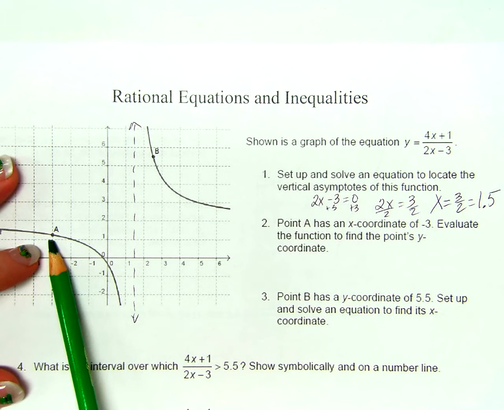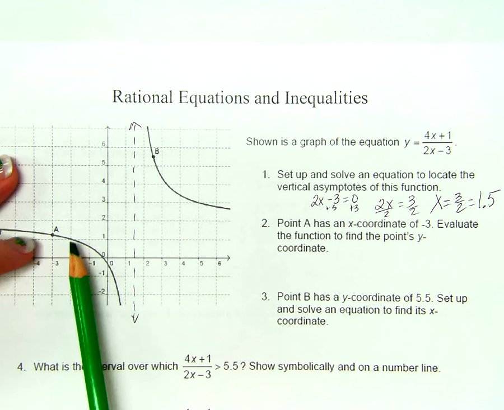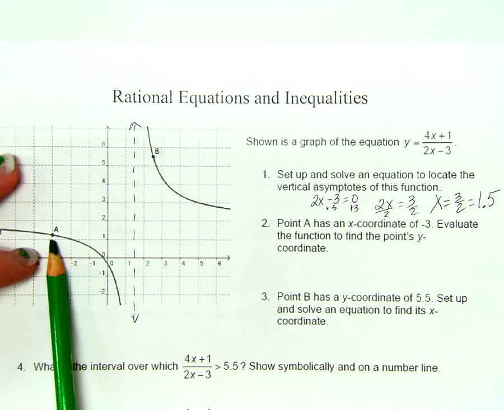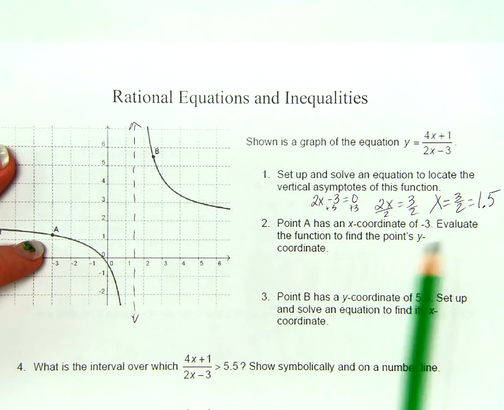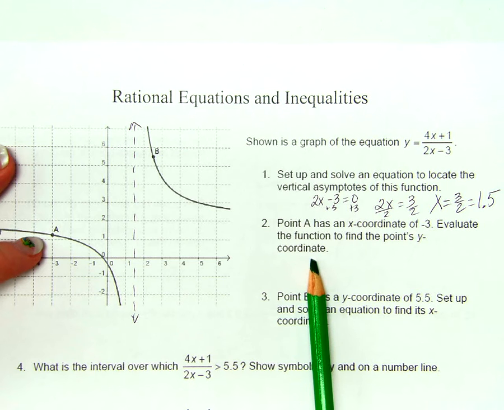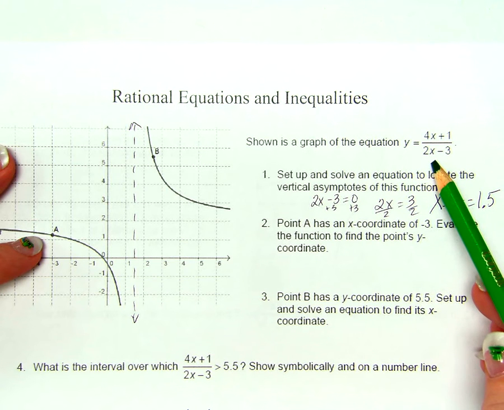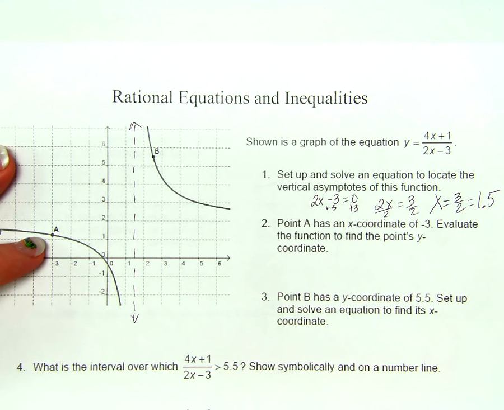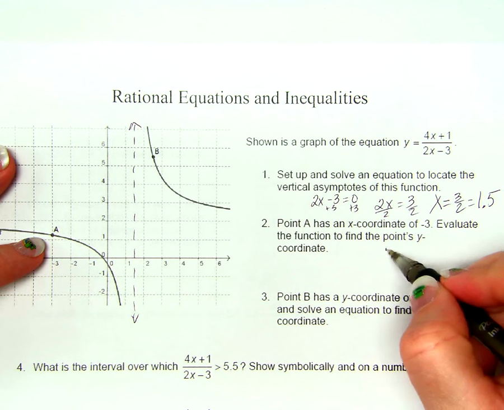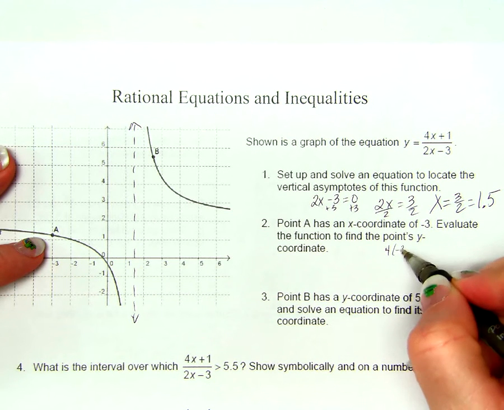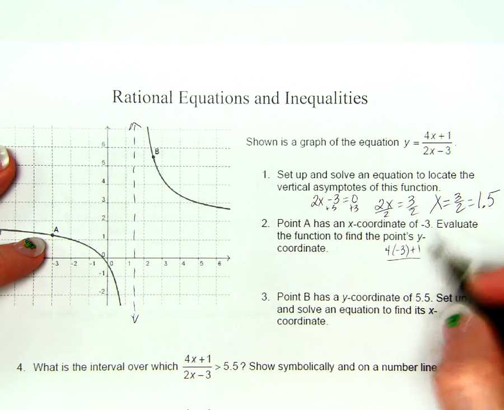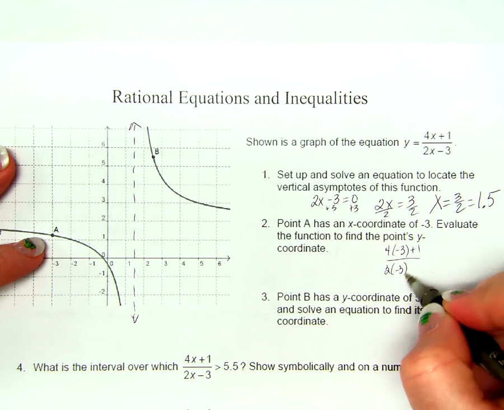Point A has an x-coordinate of -3. Evaluate the function to find the y-coordinate. What does that mean? If we know x, how do we find y? We plug it in. So 4 times -3 plus 1 over 2 times -3 minus 3.